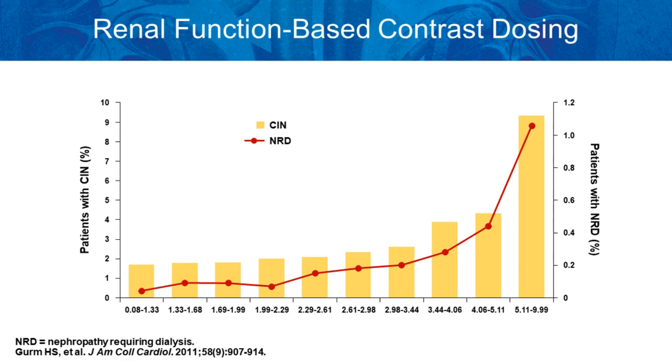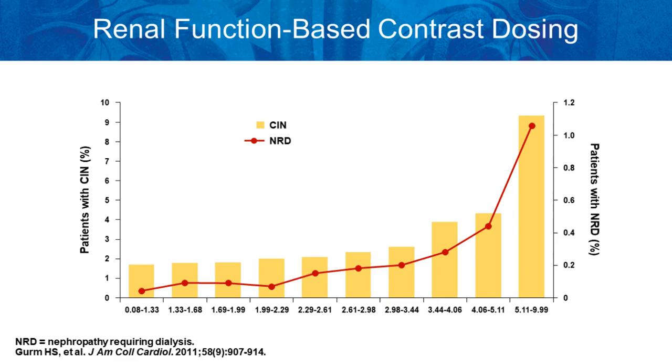What you see here is the yellow bars are showing the likelihood of the patient developing contrast-induced nephropathy. The red line suggests the likelihood of the patient developing nephropathy that required dialysis. These are patients who were not on dialysis coming into the lab, but after a few days they ended up on dialysis. So what you see is that going from a ratio of about 2, the risk is fairly flat, and then it starts to escalate as you go up to about 3.